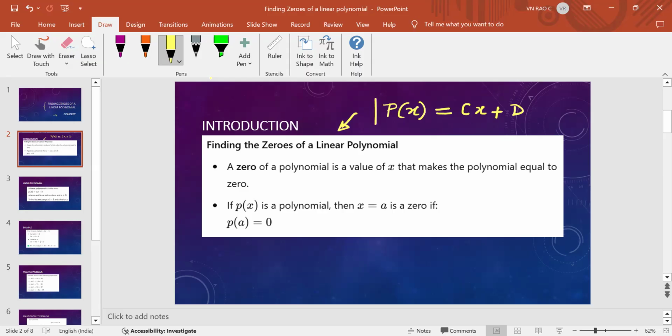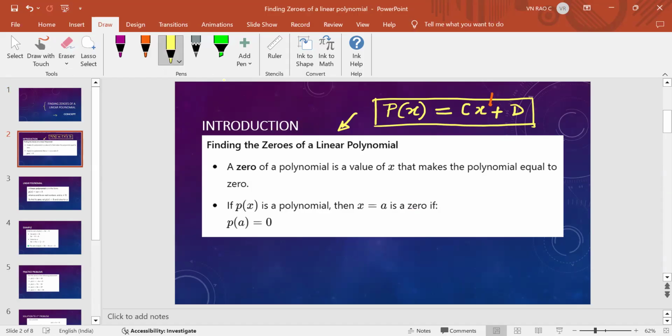In this form of a polynomial, the degree of x is 1. This is the linear polynomial.